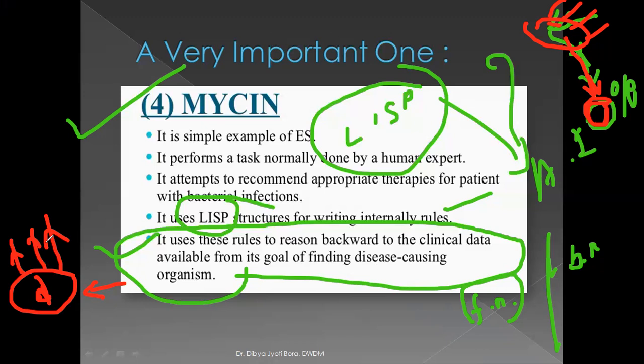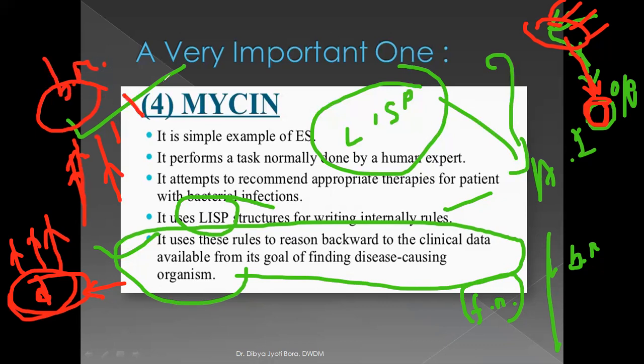We try to find out what are those causes, what are the reasons because of which this disease infected you. We need to find out those bacteria because of whose infection this disease occurred. So as we are moving in this way, this is a kind of backward reasoning.